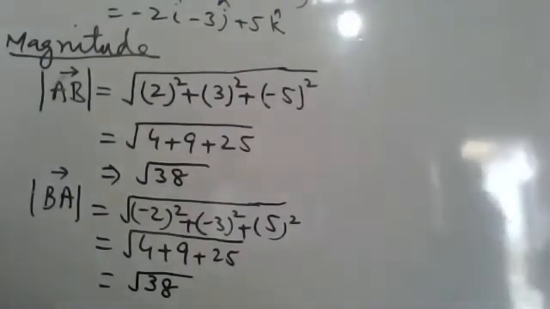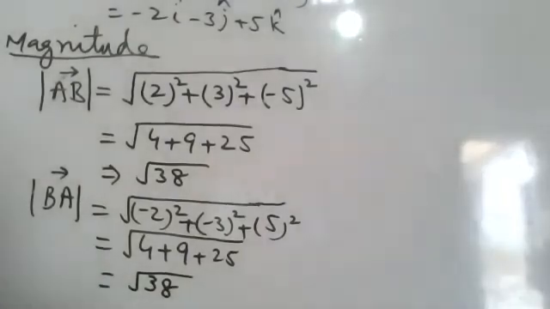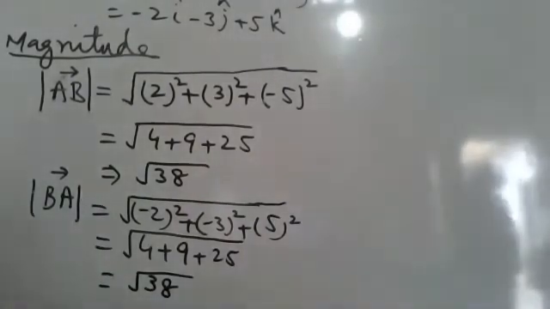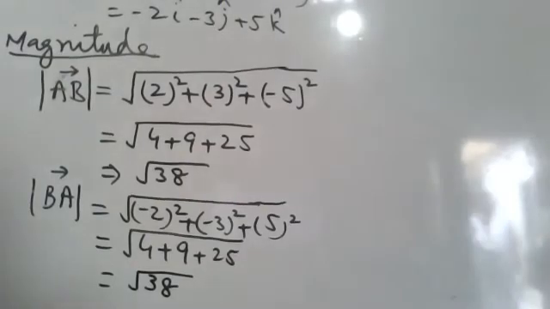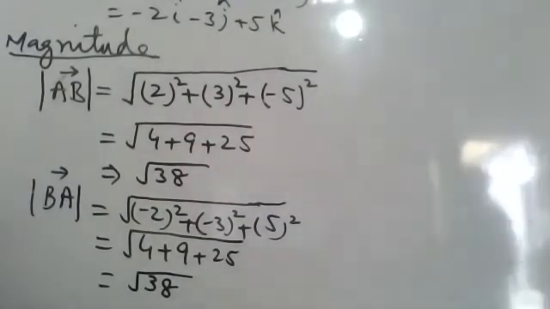For example, the vector makes an angle alpha with the x-axis, beta with the y-axis and gamma with the z-axis. The direction of the vector can be represented by the direction cosines.